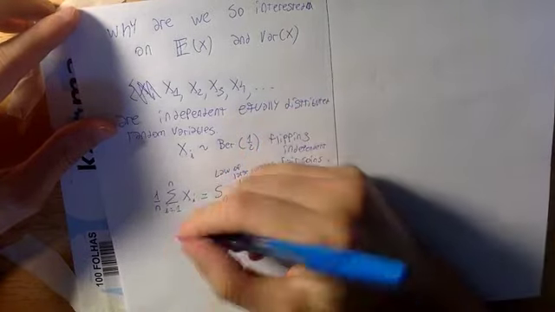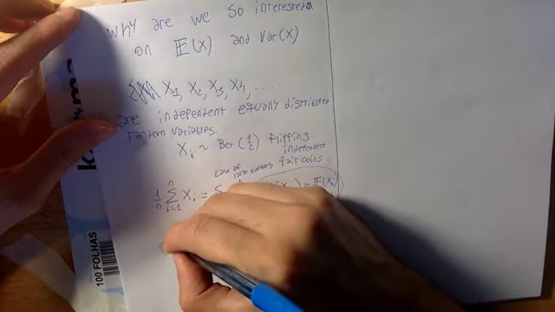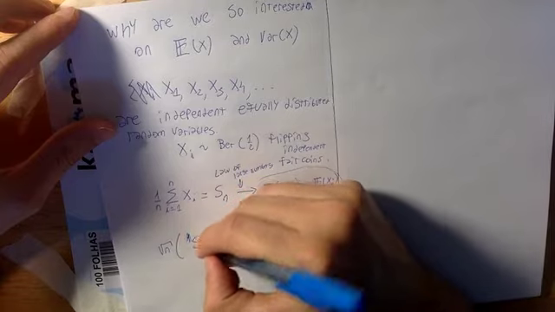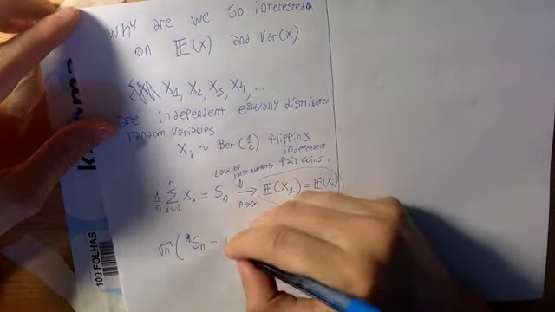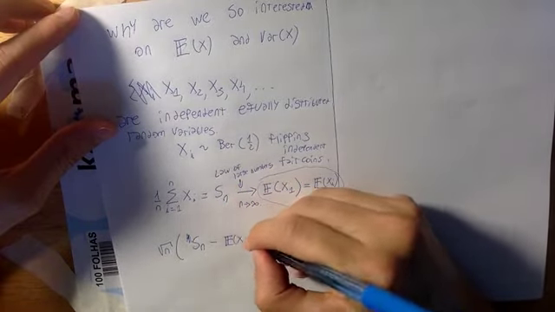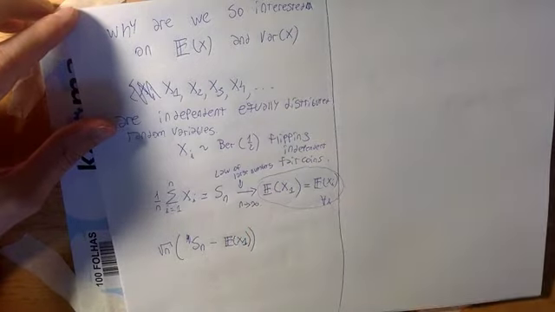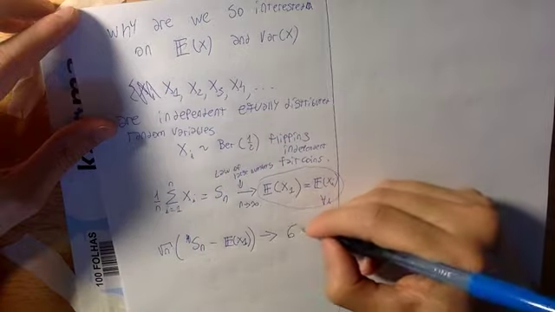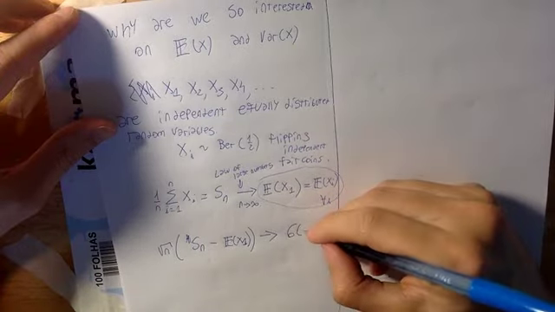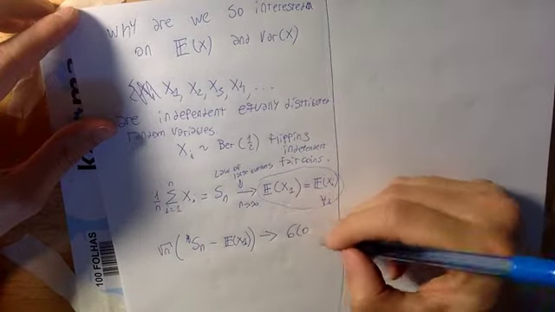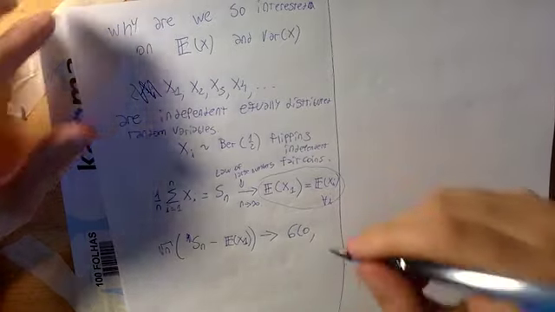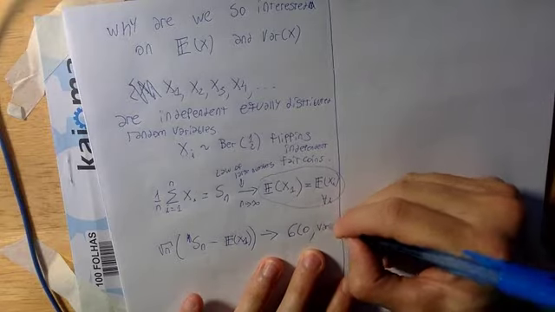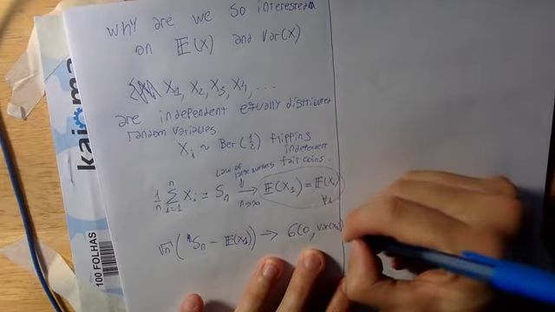And the second order is the following. If we take the square root of n times the difference Sn minus the expectation of X1, we are going to see that this converges to a Gaussian random variable with 0 expectation and with variance parameter the variance of X1.